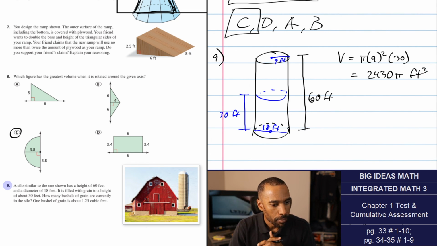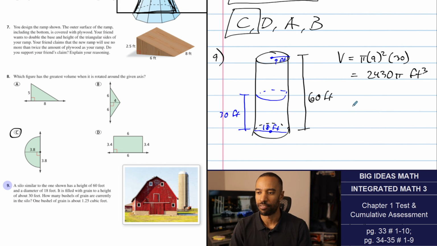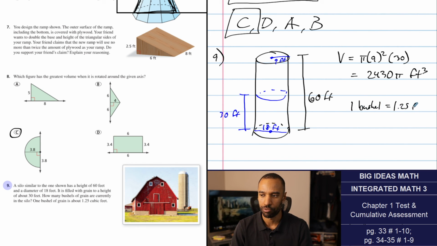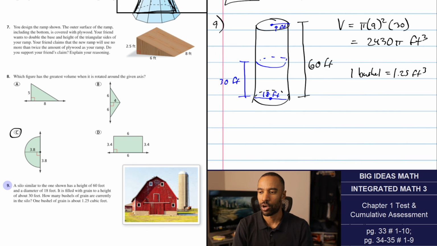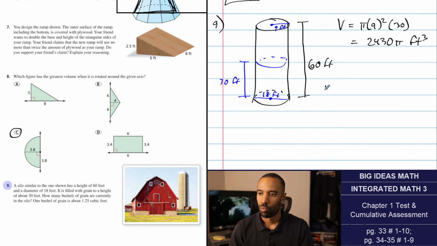Now we have 1 bushel of grain is 1.25 cubic feet. So 1 bushel equals 1.25 feet cubed. So actually, I'm set up as a proportion because I want you to know whether you're multiplying or dividing here. So 1 bushel, 1.25, actually not a proportion, but I'll write it as a ratio. And then you multiply by this many cubic feet.